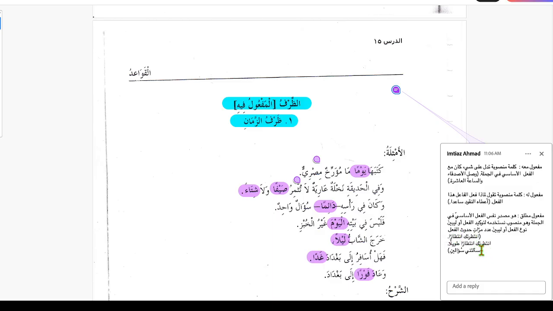And if we say intazartuka intazaran tawilan, when this is followed by a sifa, then it is used to show the type of the action, naw'al fi'li. Like I waited for you a long time. So intazaran is maf'ul mutlaq also here, but it is used to specify the kind of the verb.